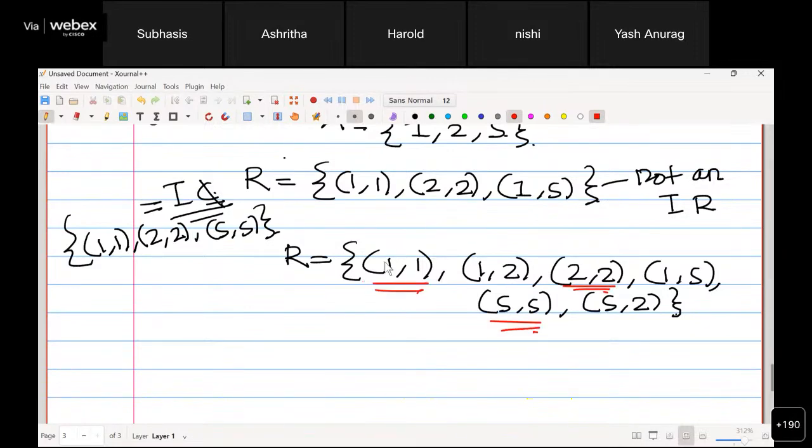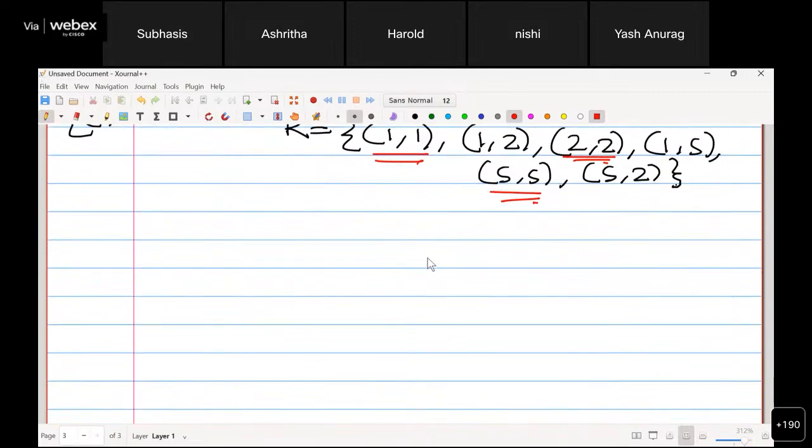Okay, so let me again go to the symmetry relation. So symmetry relation, again the same thing.